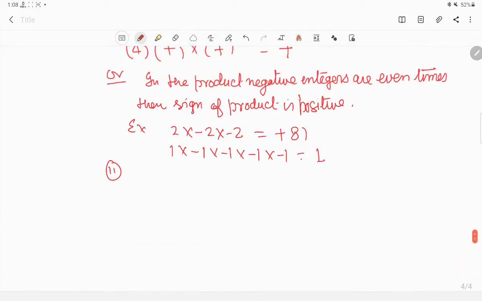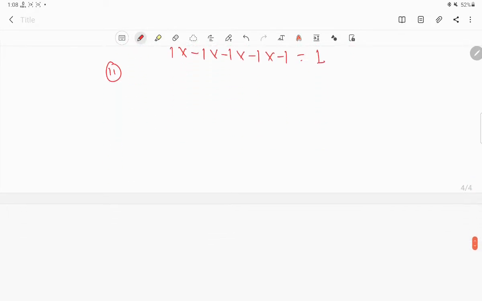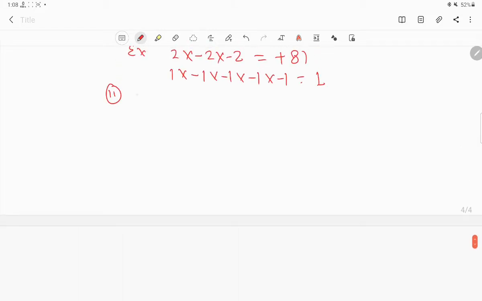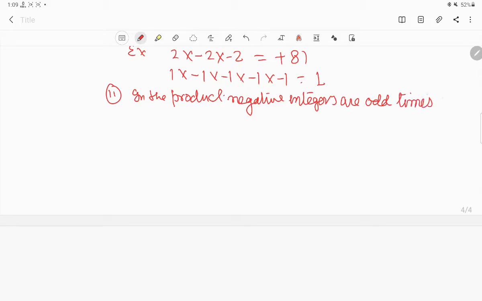Second case: if in the product the negative integers are an odd number of times, then the sign of the product is negative.